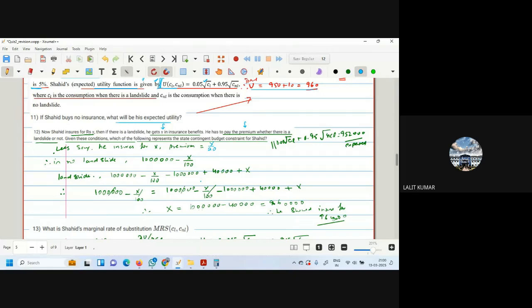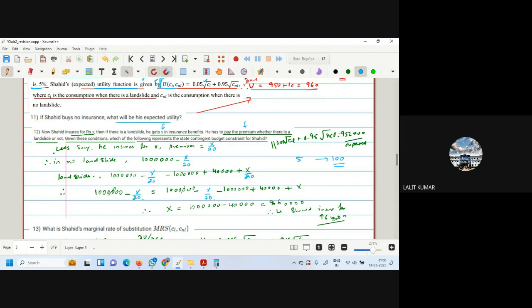It will be X by 20, no? Because he's getting 5 rupees on 100 rupees insurance. Right, X by 20. Okay, so I will correct it here also. And Vivek, your thing was also correct, because when you equate it, whatever you put, it gets cancelled out.